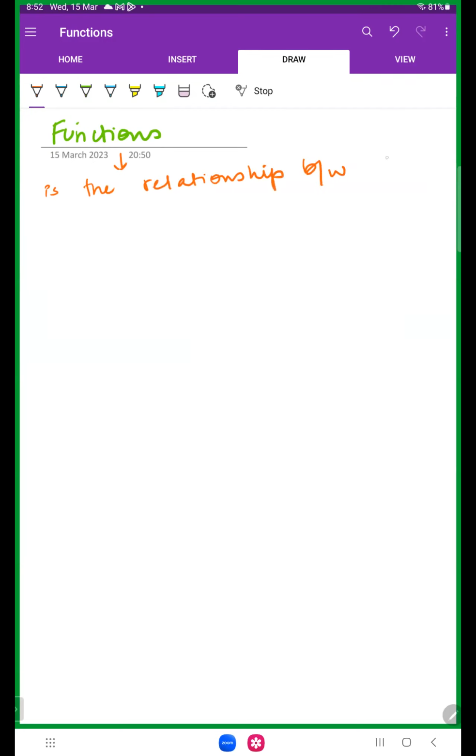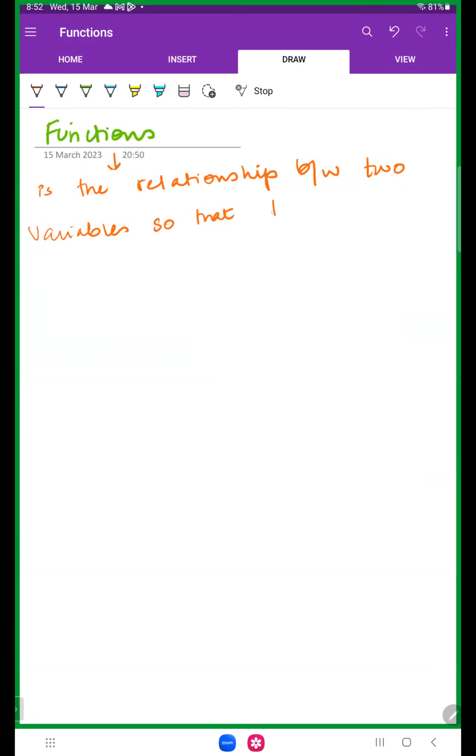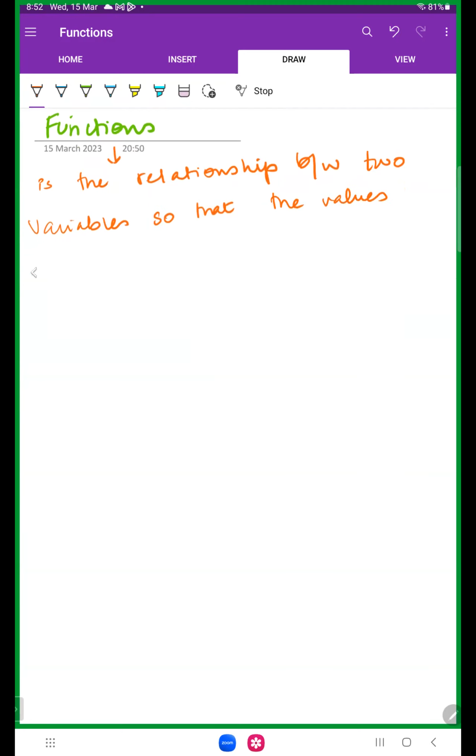It's between... you know the function. If you know the value of one of the variables, you are able to find out the value of another variable, right?